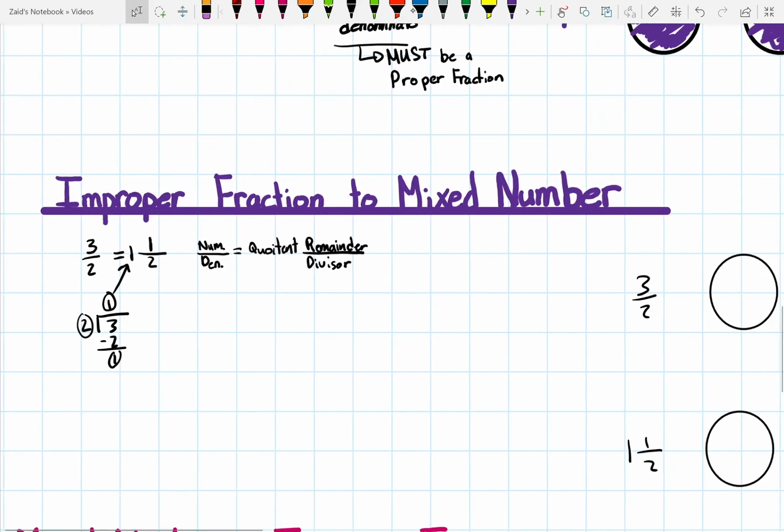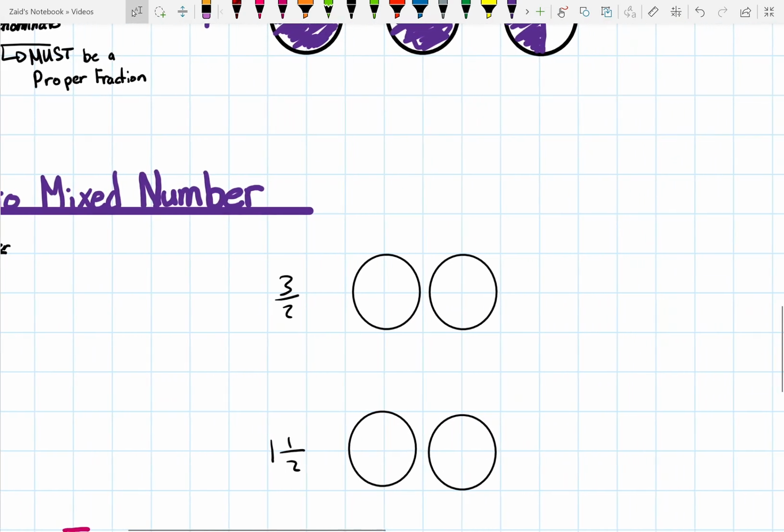Yep, okay, good. So I would first have to draw 1/2, and let's see, does it work? If I draw 3 halves in one circle, I have 1 and I have 2, so not 3, which means I have to use the other one, and I have to draw 1 more.